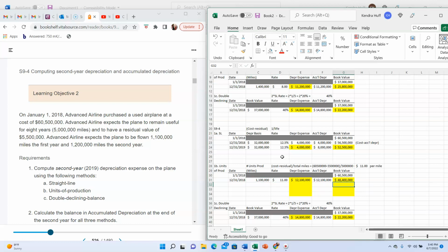All right, and then the second year we flew 1,002,000 at $11. Multiply it out. 1,002,000 times 11. All right, accumulated is last year plus this year. And the new book value is the cost minus accumulated.